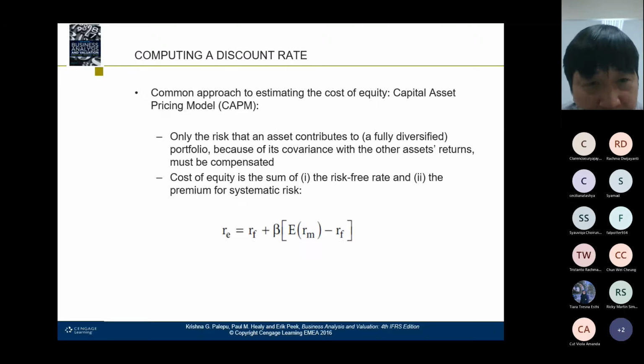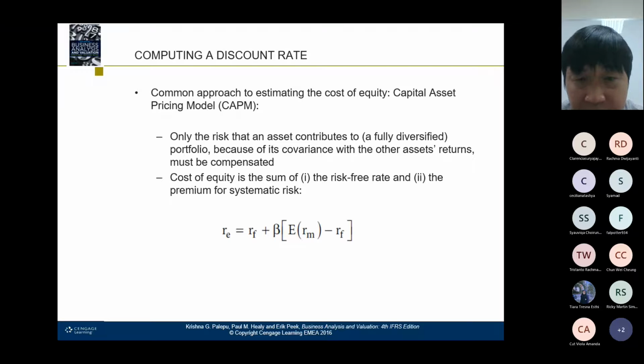So how can we give an appropriate discount rate to estimate the cost of capital, the cost of equity, related to the cost of funding from investors? Here we provide the well-known formula proposed by Sharpe in 1963.